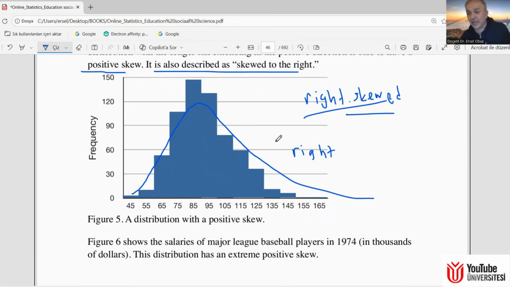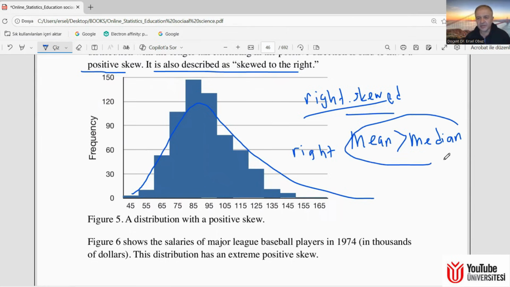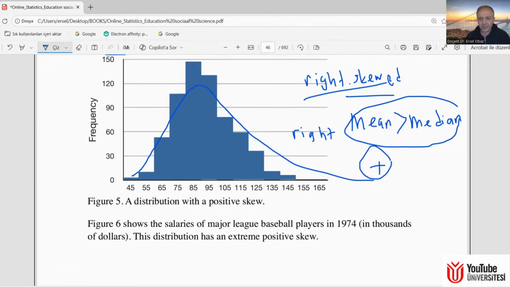When you have the right skewed distribution, your arithmetic mean will be, 99% of the time I would say, greater than the median. So by just checking these two values, you can get the skewness. So you will have a positive skew, or right skewed.